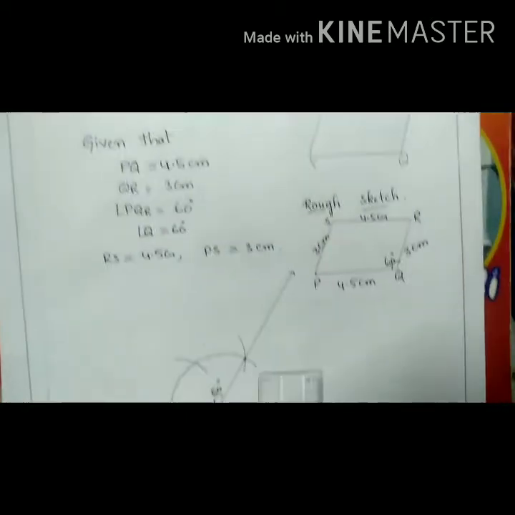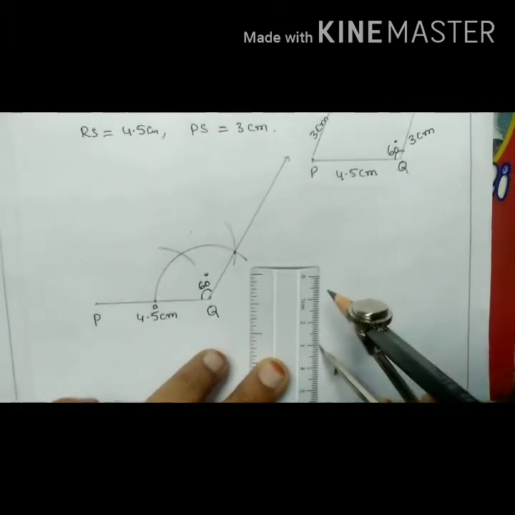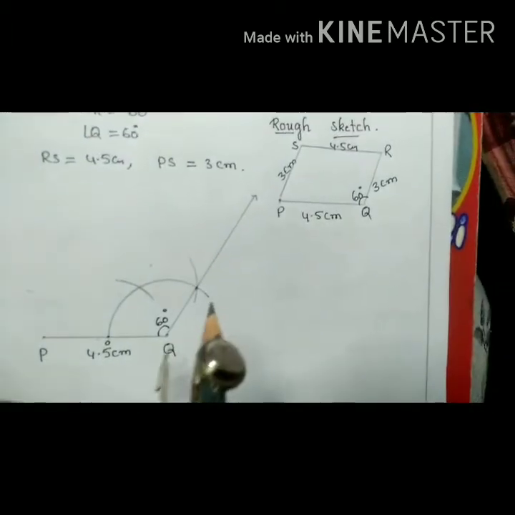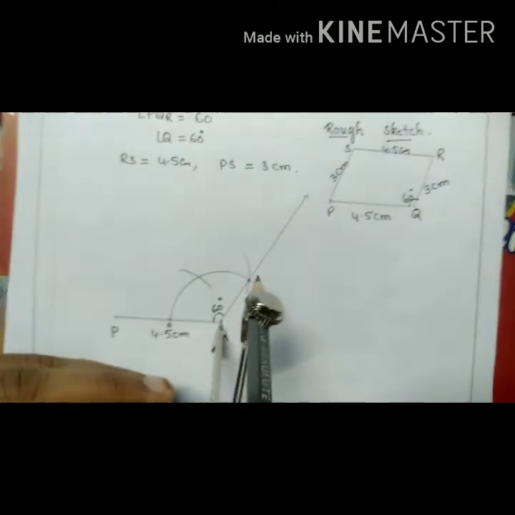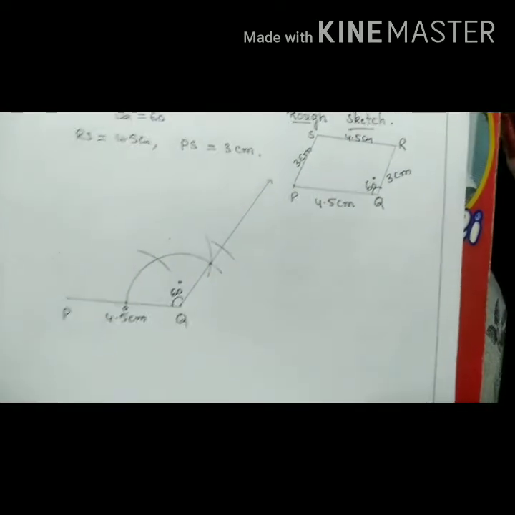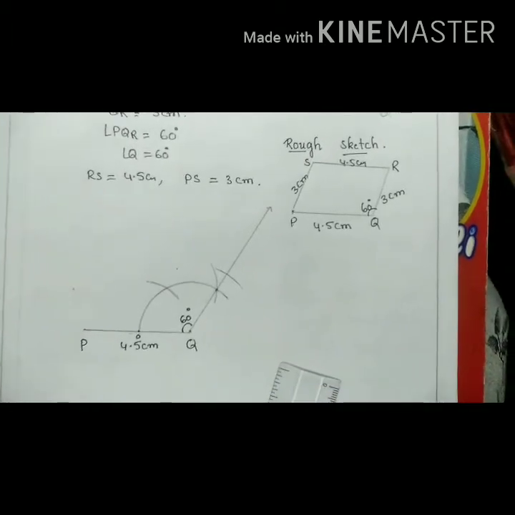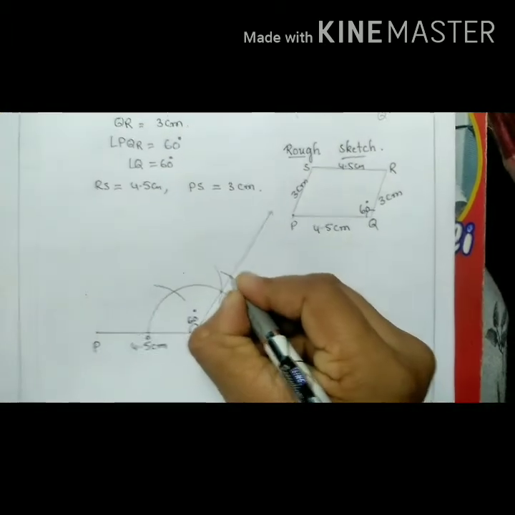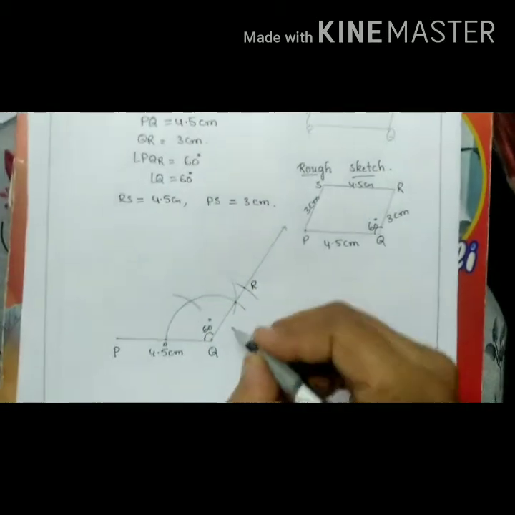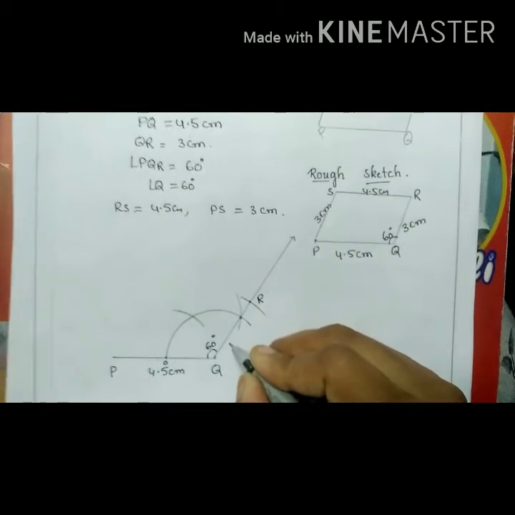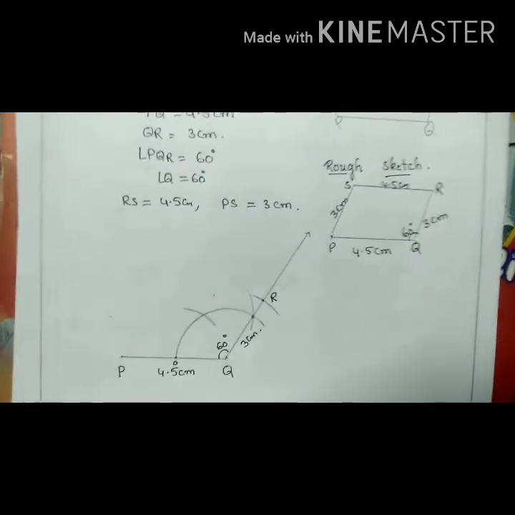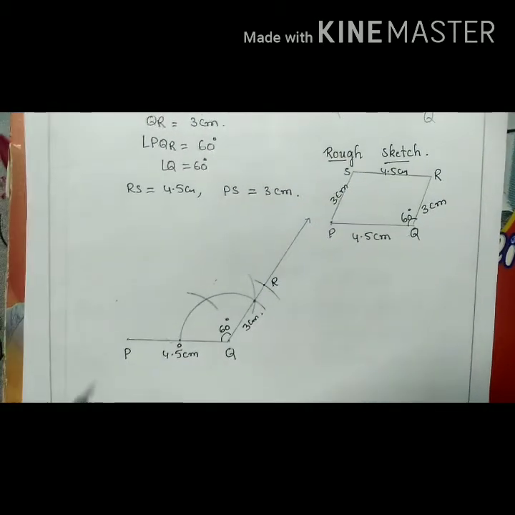Then with the help of the scale, take the radius 0 to 3 centimeters, and with center Q draw one arc cutting the ray. That intersection point is R. So how much radius do you have to take here? 3 centimeters.